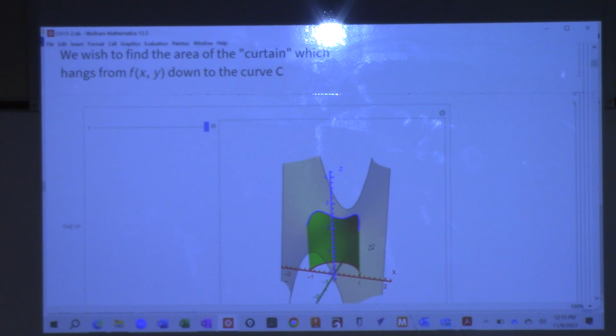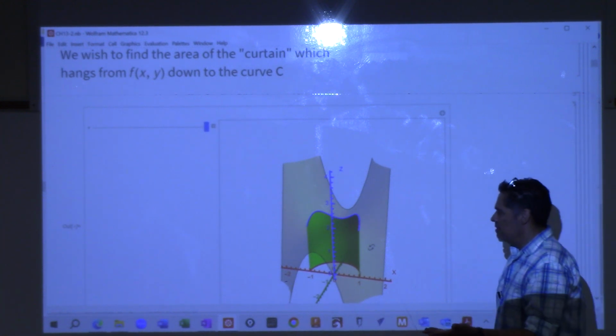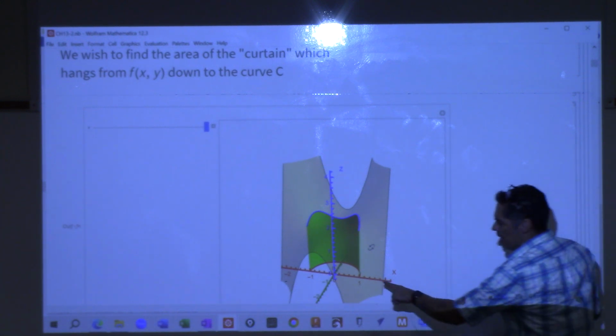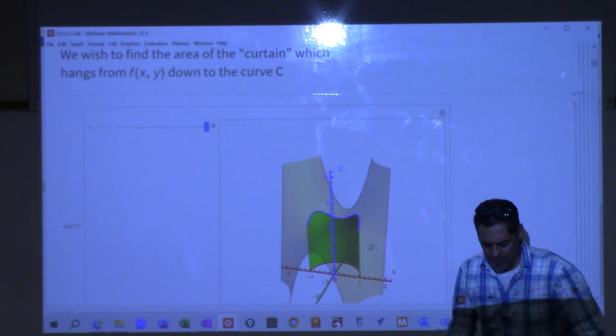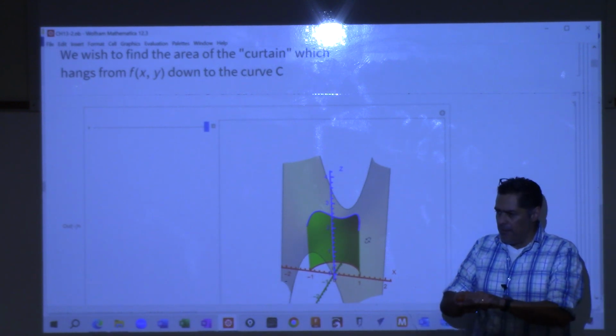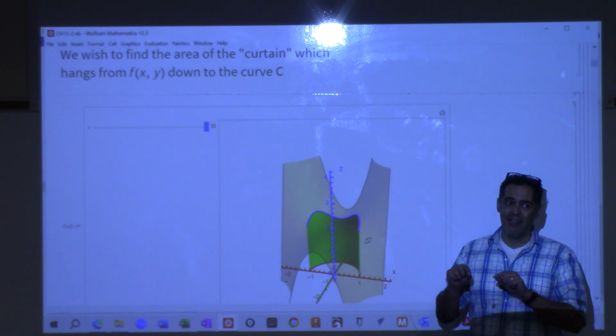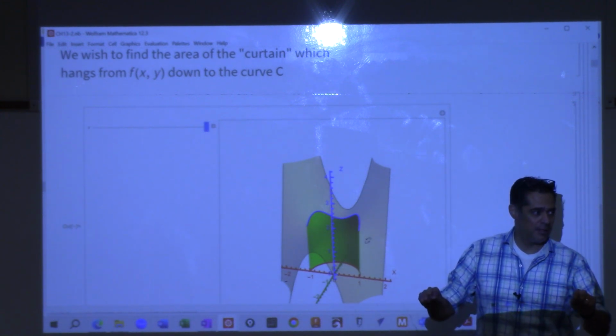Now, you might be like, who cares, right? But this could be tied into some things later. Let's say that this red curve is actually a metal bar, and this function is the density at each point.